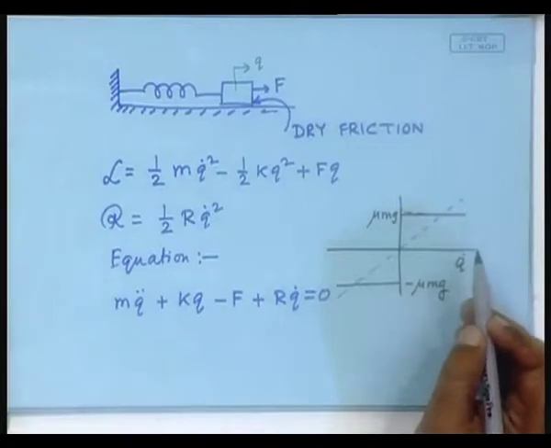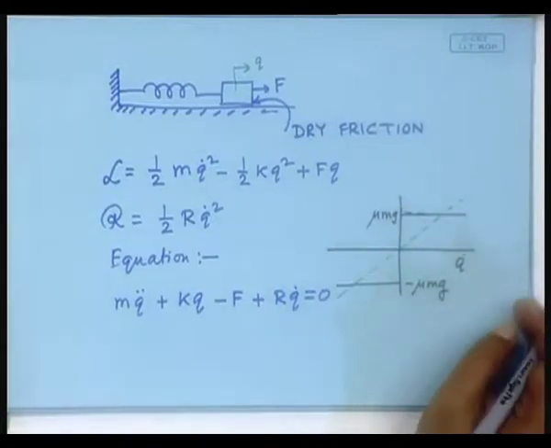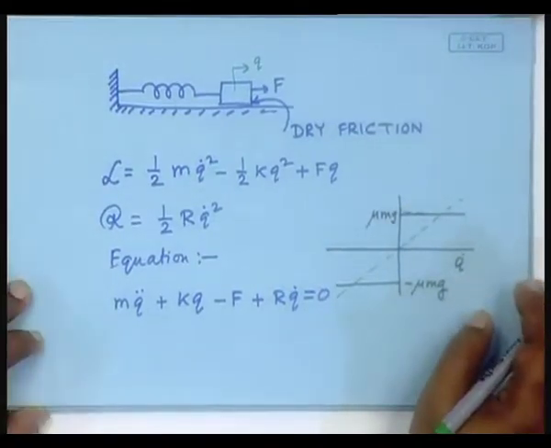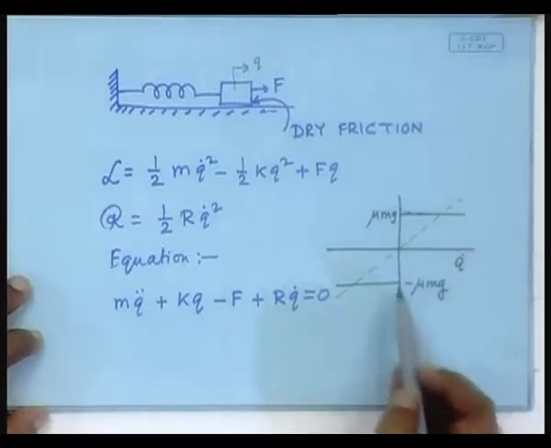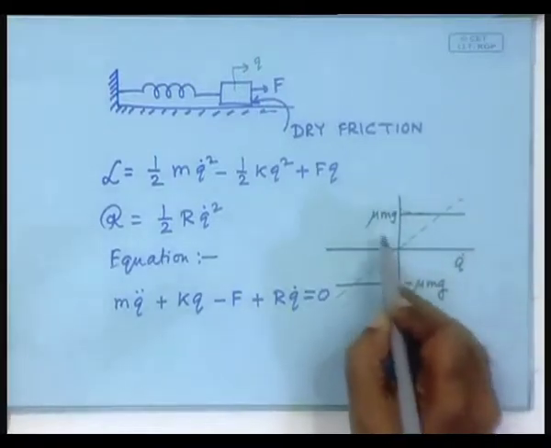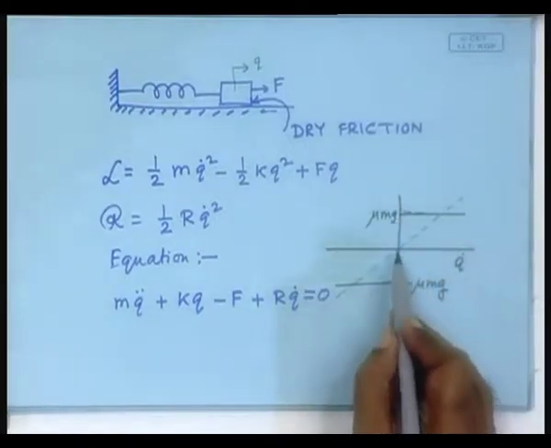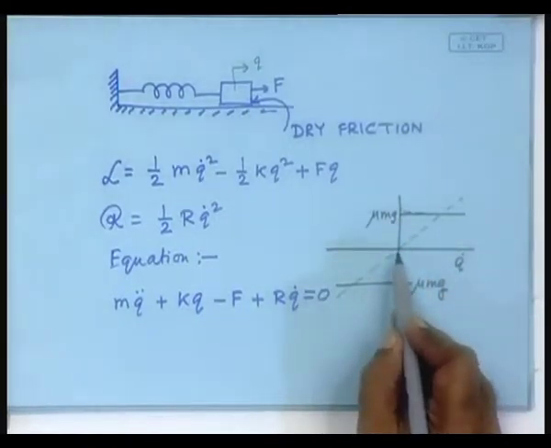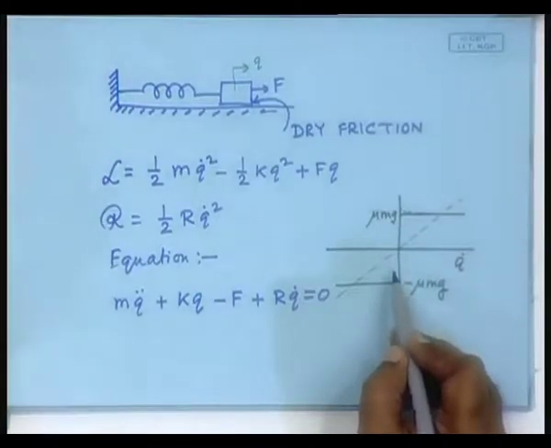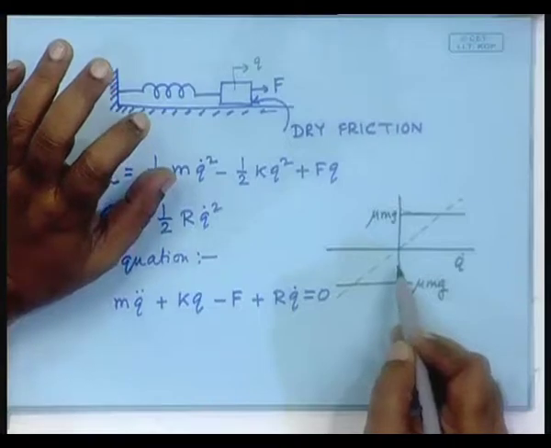So, how will you do that? This can be done simply, because mu mg is the magnitude and it is plus or minus. Under certain conditions it will have to take a plus value, under certain conditions it will take a minus value, that can easily be represented by means of a signum function.